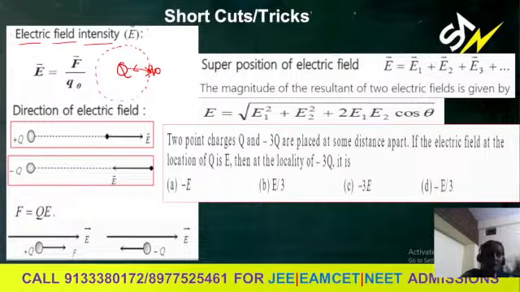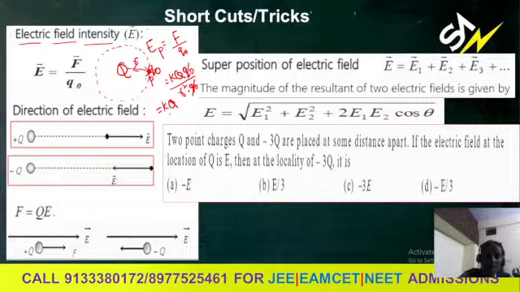Okay, now let this point be P. I want the electric field strength at that point. Now I need to take the force between them, with the charge I placed at that point, that is Q naught. So the force between them is K Q Q naught by R square, where R is the separation. By taking F by Q naught, Q naught gets cancelled.